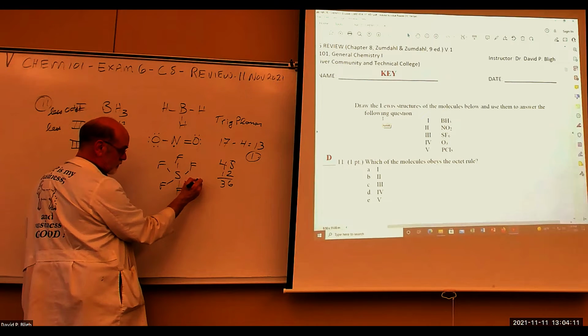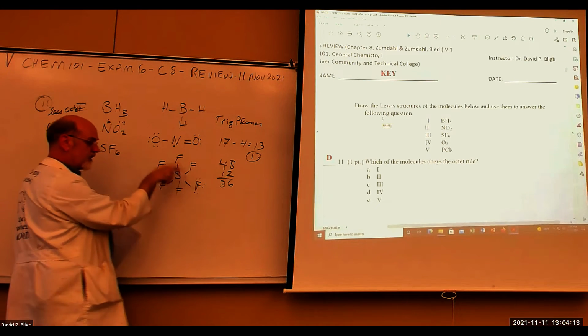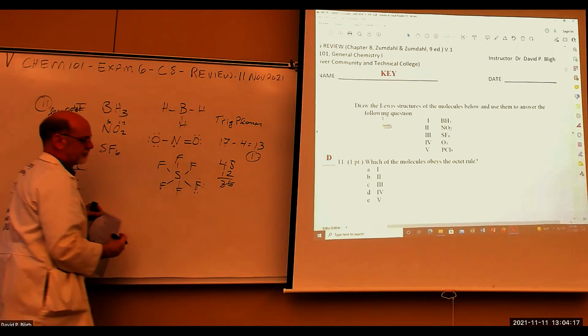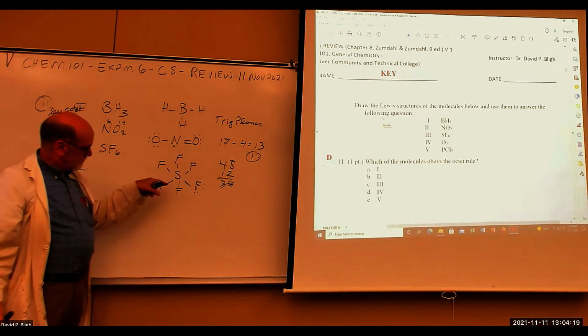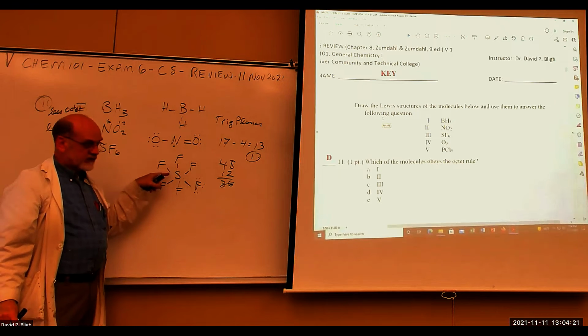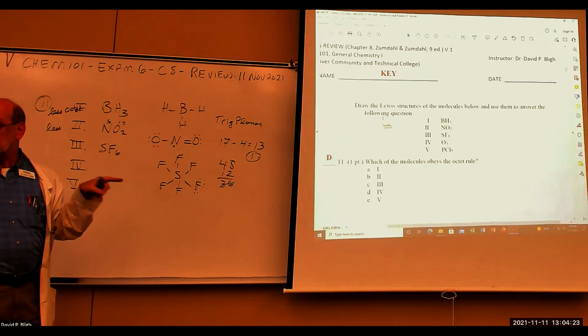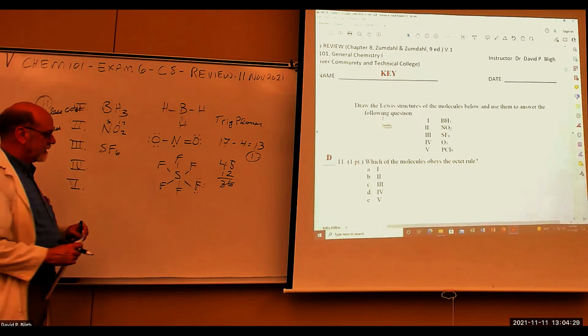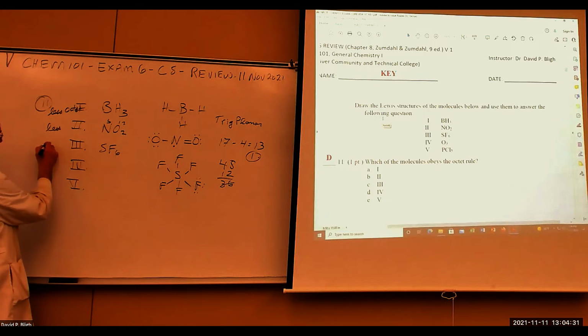So if we put 2, 4, 6 around each one of the fluorines, 6 times 6 is 36. We used them all up. So we have 2, 4, 6, 8, 10, 12 around sulfur, which is valid. Sulfur's in the third period, it has d orbitals available. But that's not an octet either. That's more than an octet.